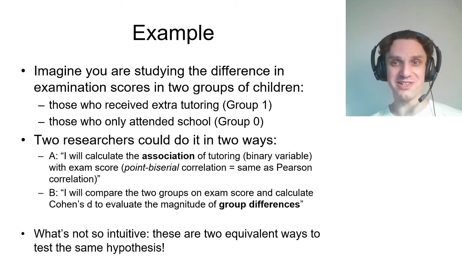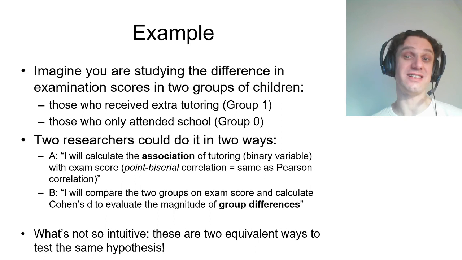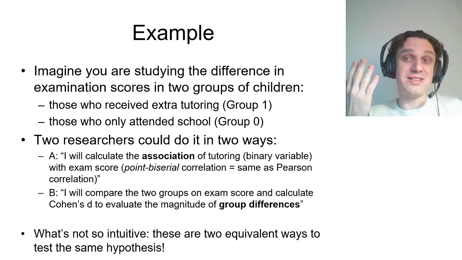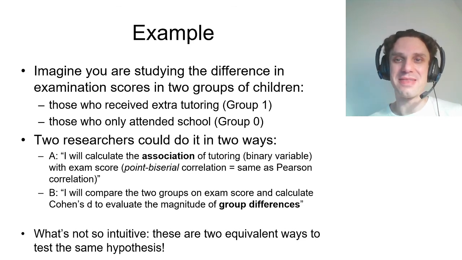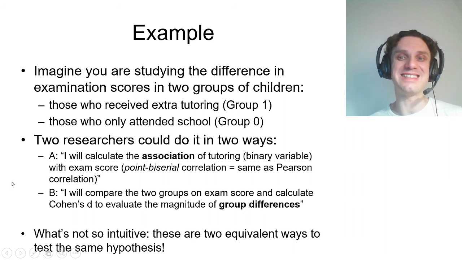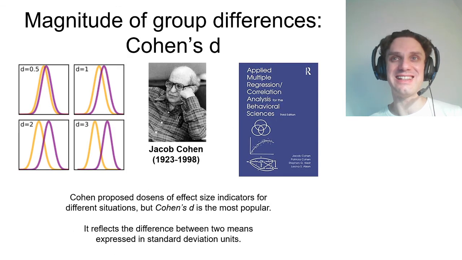What's not so intuitive is that these two researchers are actually testing exactly the same hypothesis, and it's just the parameterization of the data that they are using that is different. But the effect that they are exploring is the same, albeit with two different statistical methods. But before we try to compare the results of their findings, let's first find out how we can quantify the size of the effect, the size of the difference between the means in the second case.